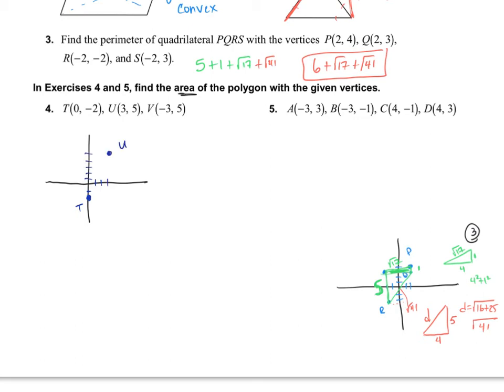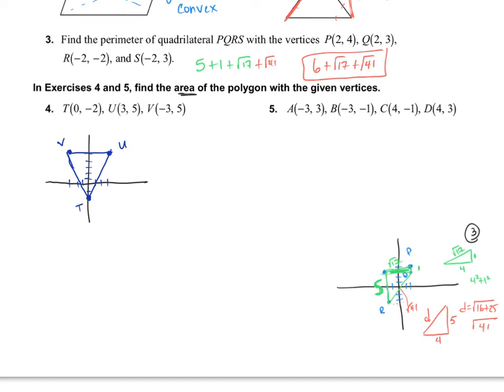V as -3, 5, and that's it. We got those three right there. Okay, so this is -3, 5, and this one was 3, 5. So I can connect that, I can connect that, and I can connect that.